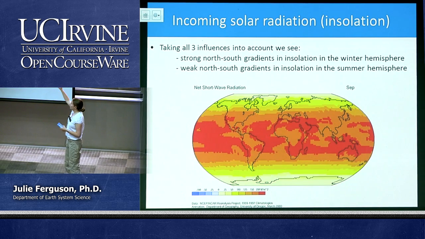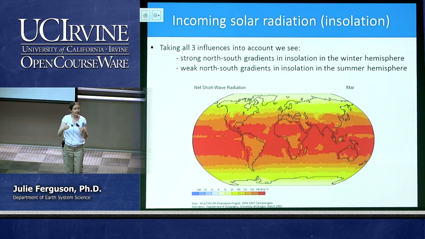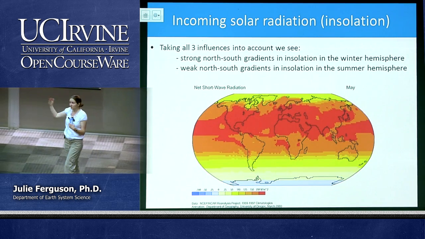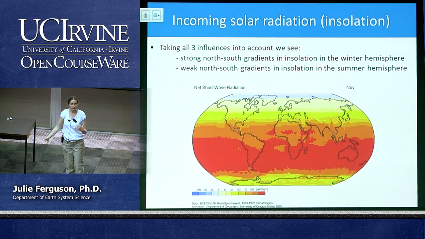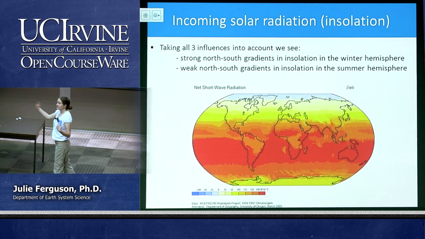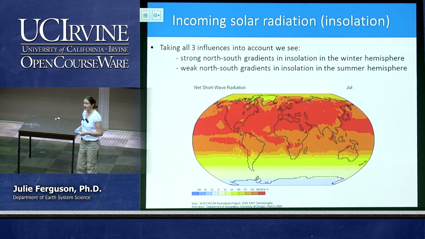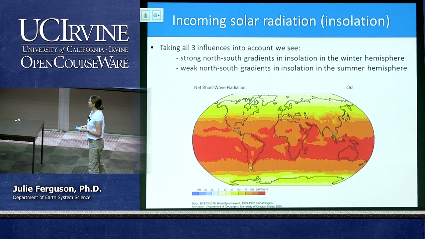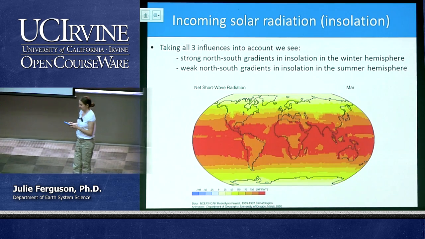Whereas you can see that in the winter hemisphere, where the little blue comes up, there's a really big difference in the winter between what's reaching the pole and what's reaching the equator. And again, that's really important because it's that difference between the pole and the equator that drives that movement of air and of the oceans.